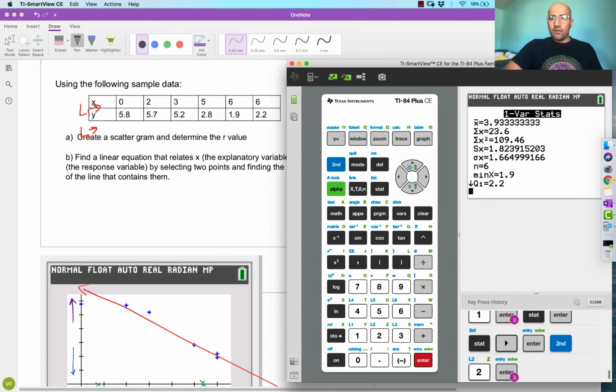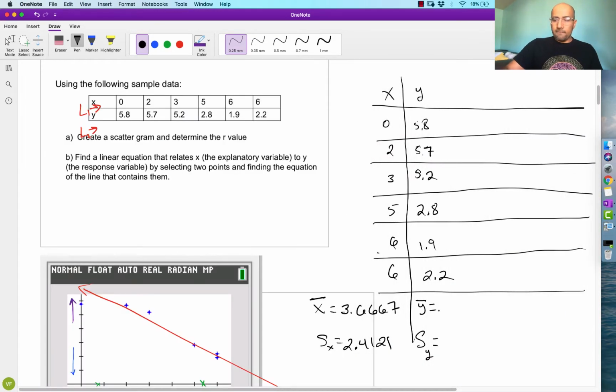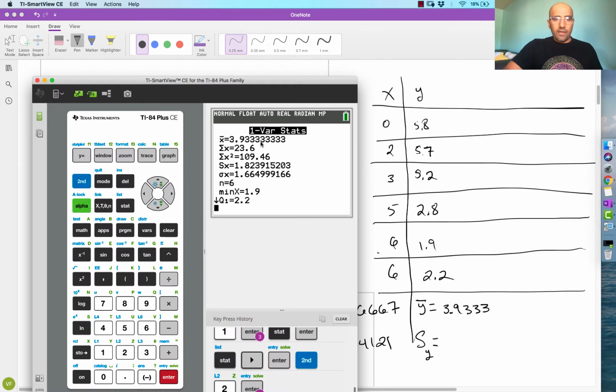So the mean is 3.9333, and then the sample standard deviation. And I know it says x is on here, but that's because your calculator is not very bright, right? It just uses x's for everything.